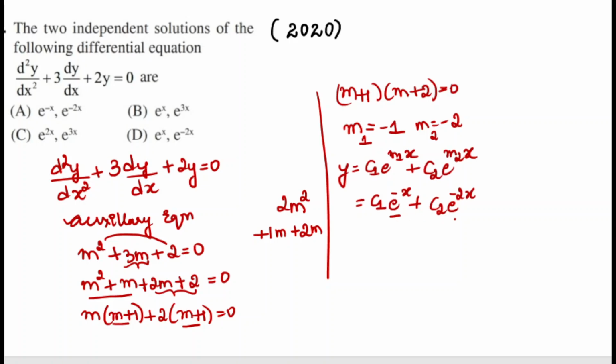So e to the power of minus x and e to the power of minus 2x, that is option A, the two independent solutions of the differential equation.